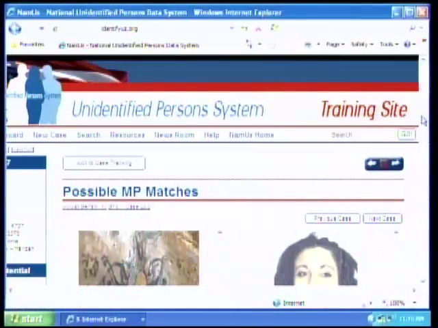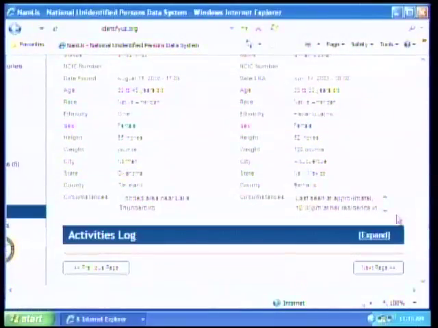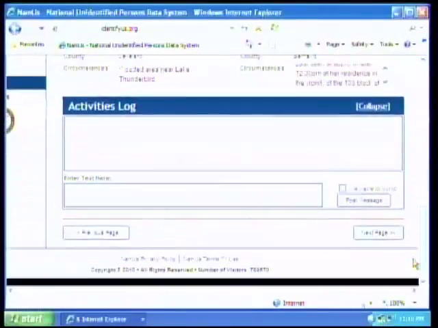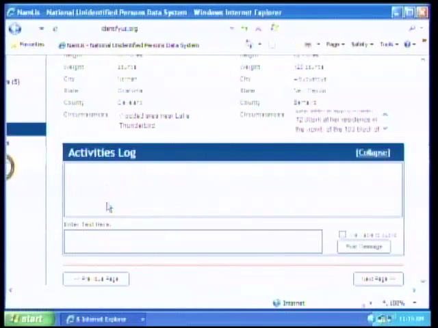Now, if Dr. Loomis did feel as if there was sufficient information to do the exclusion to the Christine Julian case, note that there is, in the activities log here, note that exclusion based on dental information by Dr. Peter Loomis.